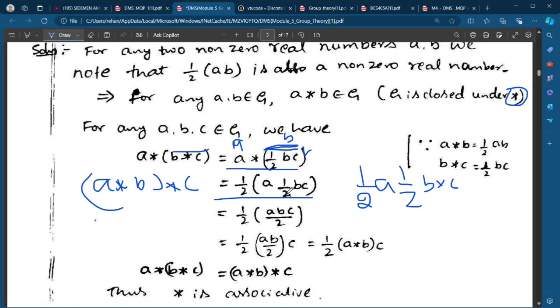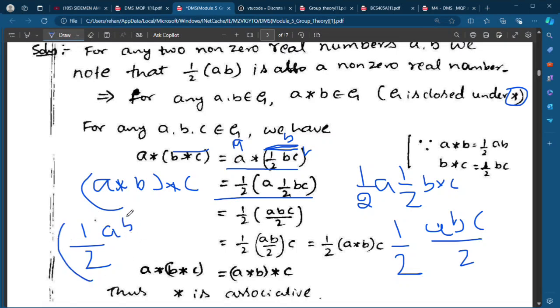Then what will I do? I will just multiply this half into B into C with A, so that is nothing but ABC by 2 into 2. Now I'll remove this C outside. AB by 2 I am writing here as it is, which is nothing but half into AB.